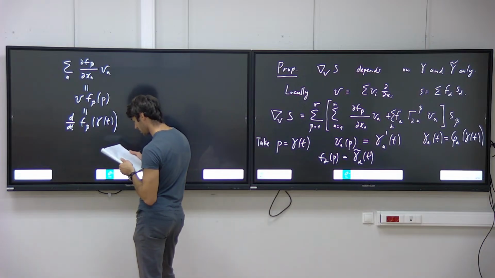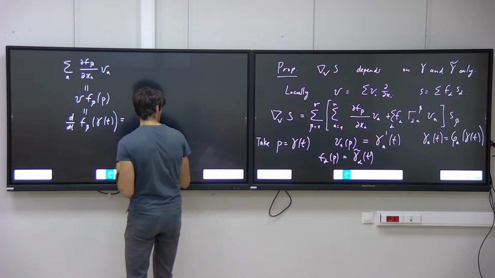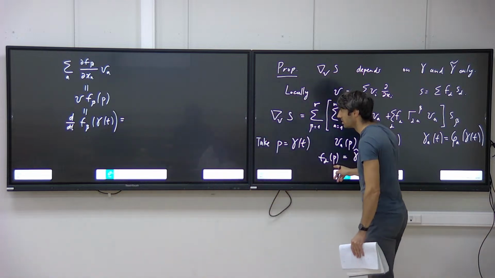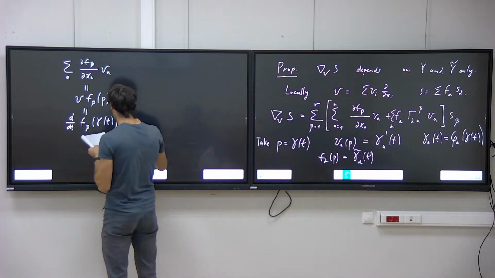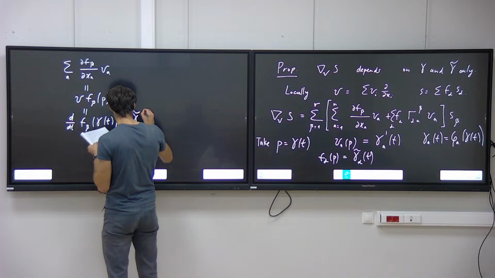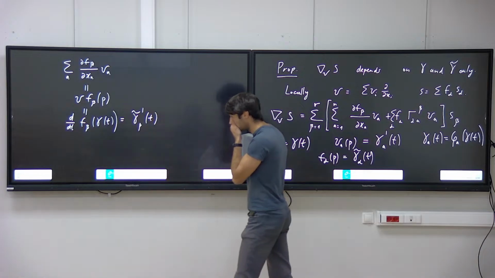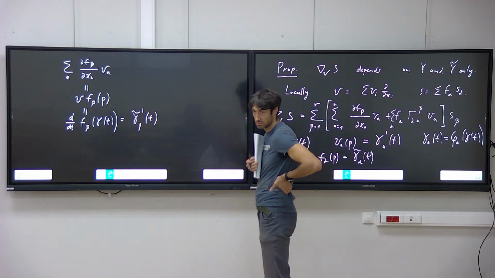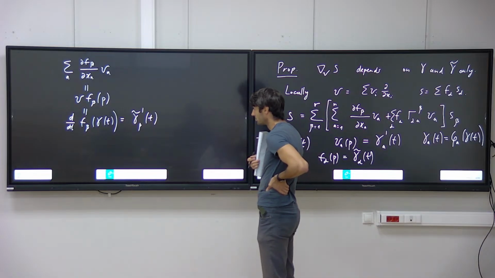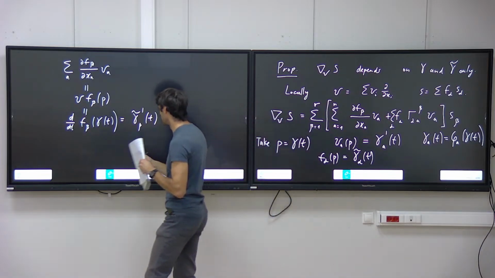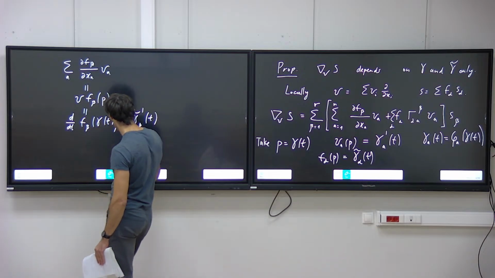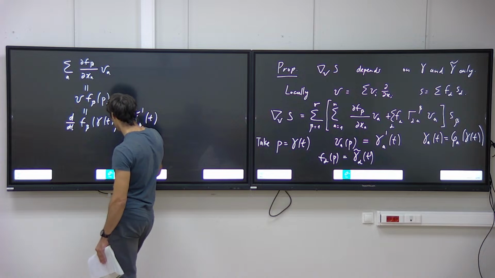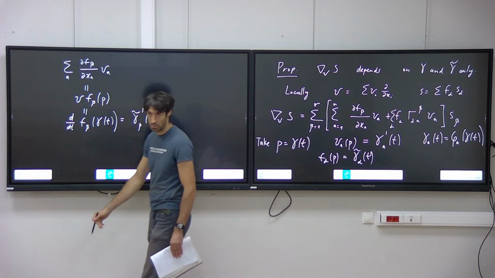But then since f alpha at p is gamma tilde alpha at t, this is just gamma tilde prime beta at t, just by definition, gamma tilde is composition of beta and gamma.